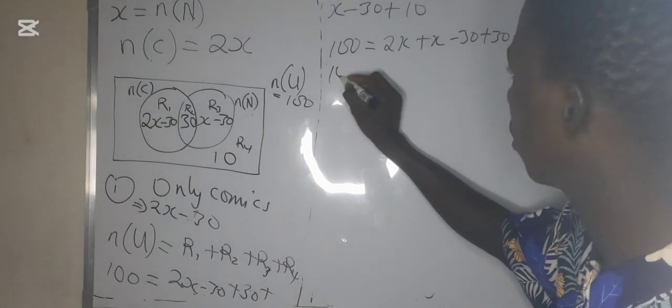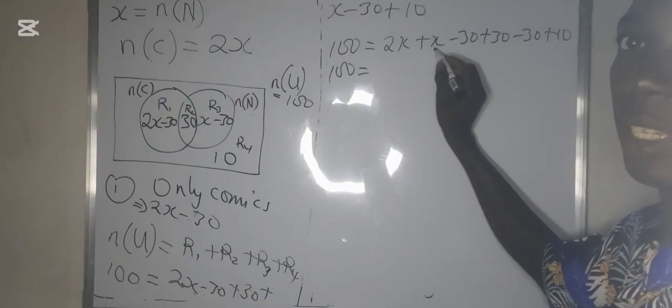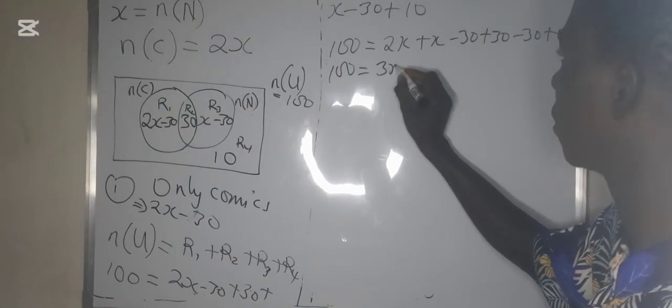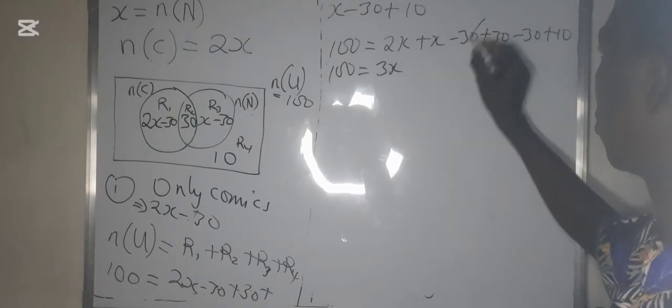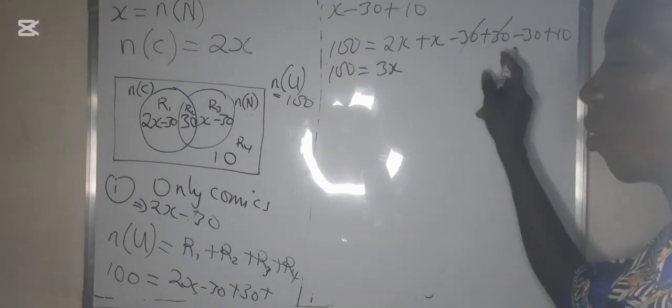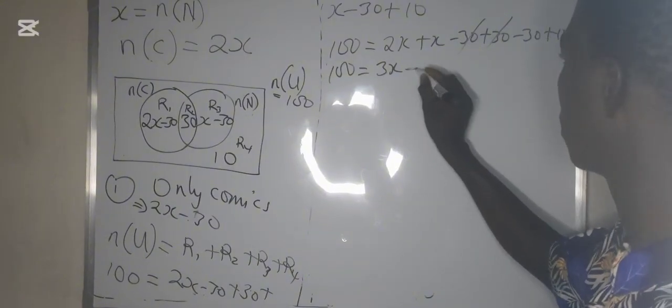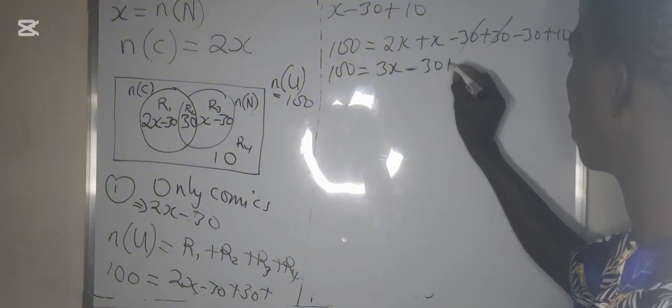So we now say 100 is equal to 2x plus x, which gives us 3x. This minus 30 can cancel this plus 30, giving us 0. Minus 30 plus 30 is 0. Now we have minus 30 plus 10.